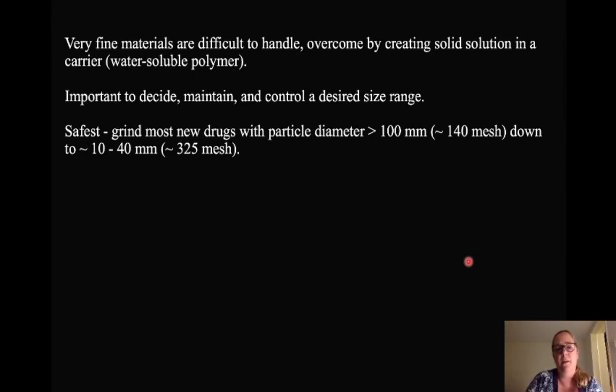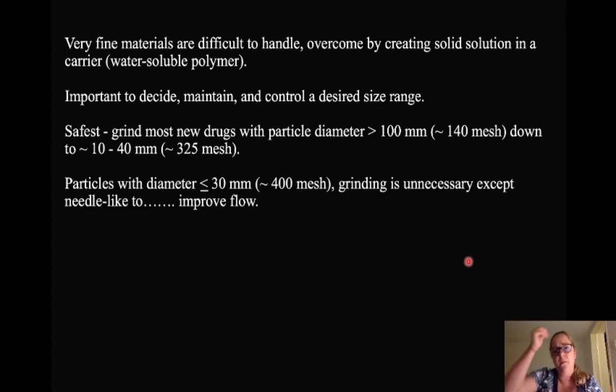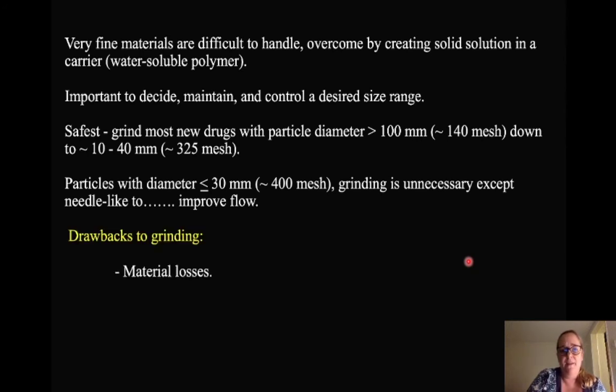And the smaller the size, the larger the mesh, down to 10 to 40 micrometers. For particles with a diameter of less than 30 micrometers, grinding is actually unnecessary, except if you get needle-like crystals, where grinding helps improve the flow and stop the blocking of the mesh.